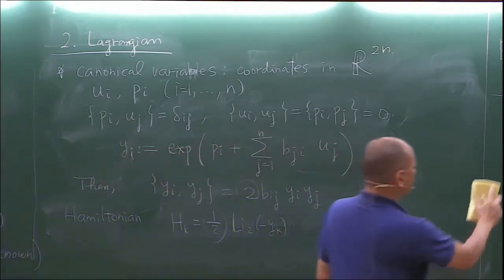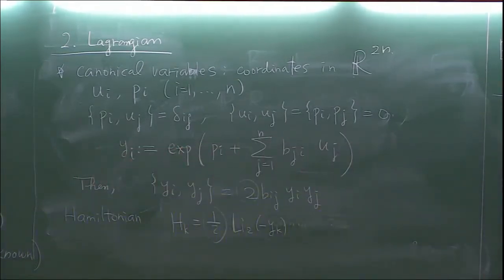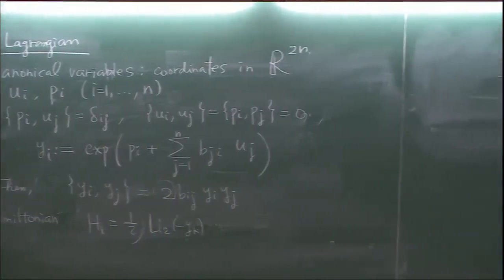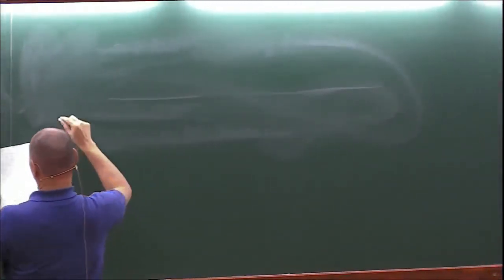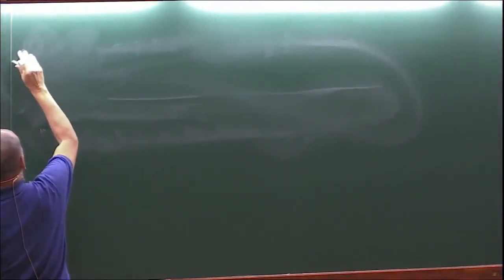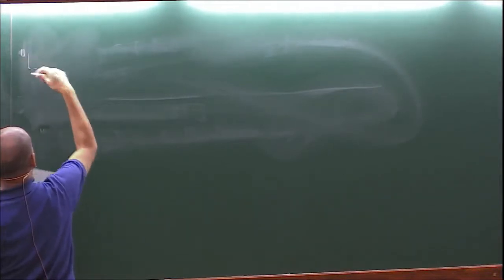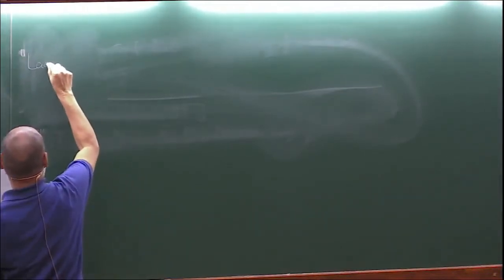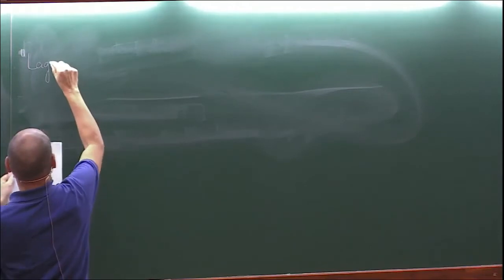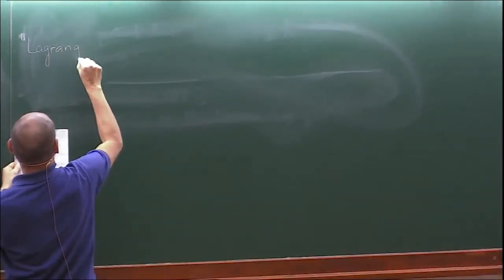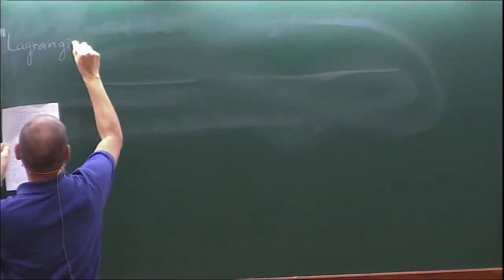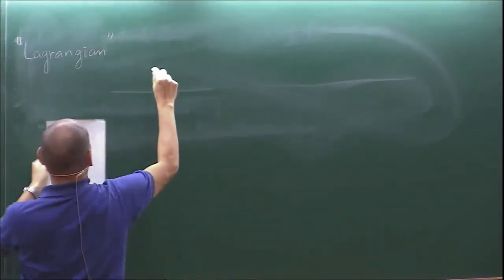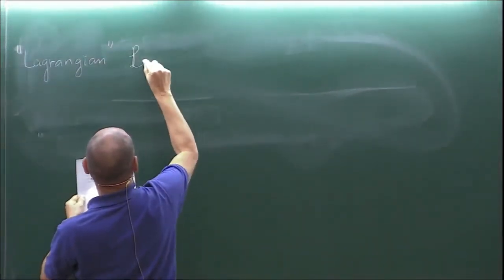And having this picture, you define the Lagrangian by the standard Legendre transformation. Namely, I put this so-called quotation mark, which I explain later. But anyway, the Lagrangian L_k, maybe L of k.